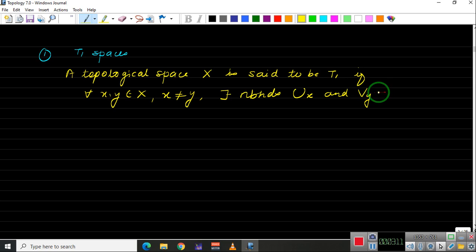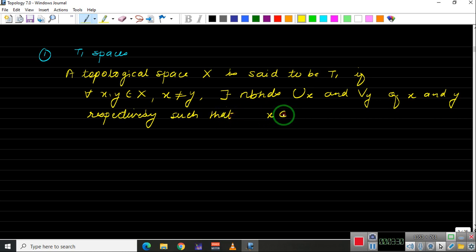So neighborhoods Ux and Vy of x and y respectively, such that x will not be an element of Vy and y will not be an element of Ux. Understand this, here we are not saying they are disjoint. There will be some intersection.